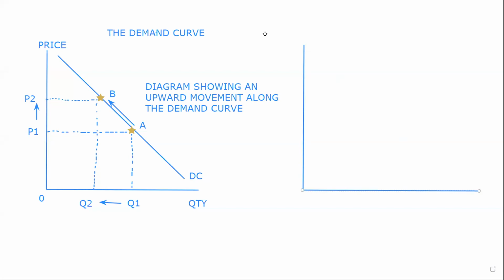The demand curve is, we say, downward sloping. We have on the vertical axis price. And on my horizontal axis, I have quantity.